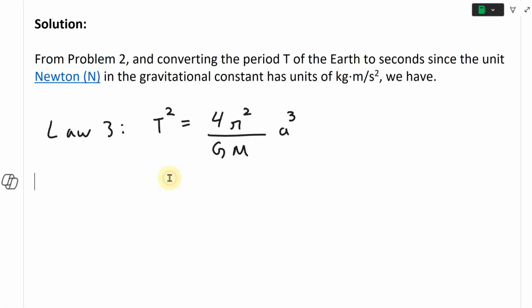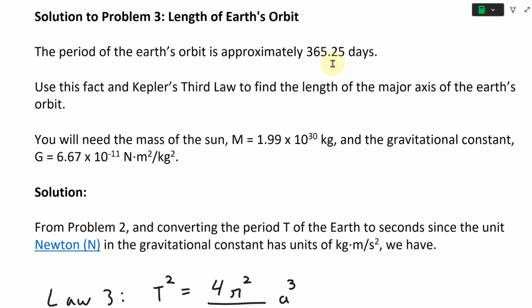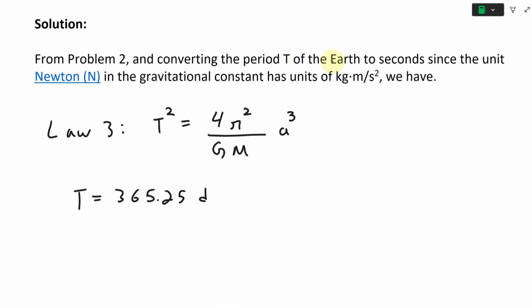All right. And then we know that T is equal to, for the Earth, 365.25 days. Now we need to convert that to seconds. We know that there are 24 hours in a day, so then we just cancel all the units, and we're left with hours.